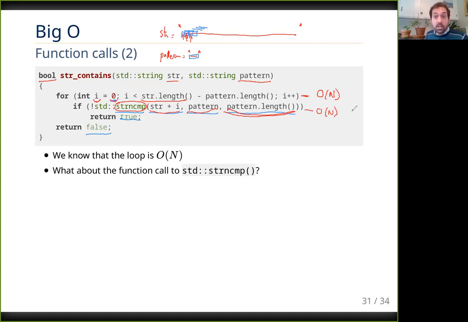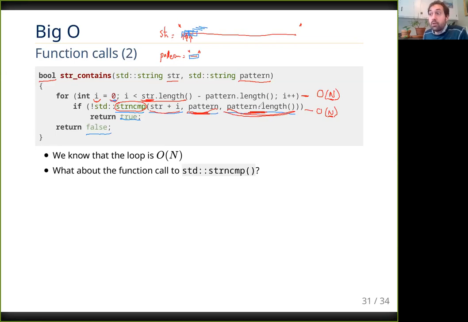You have to see that this n here relates to the size of the string str, whereas this n here would relate to the size of the pattern, which can obviously be of very different size. But we have to think in terms of worst case scenario.